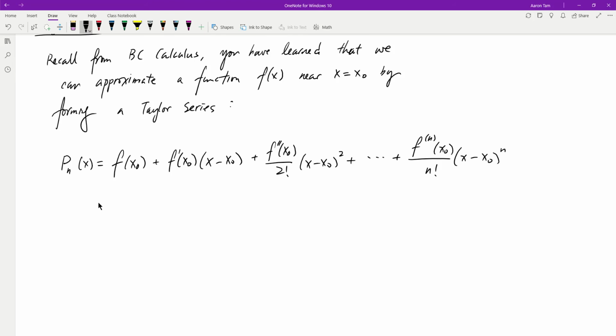So this is called an n-degree Taylor polynomial.